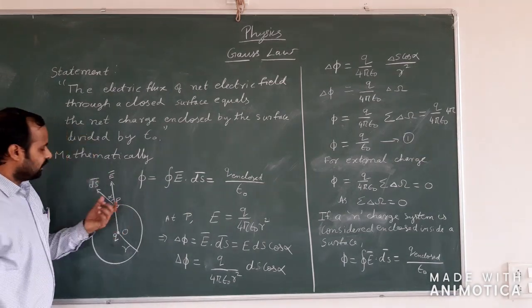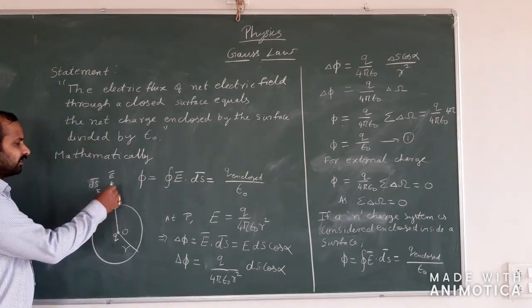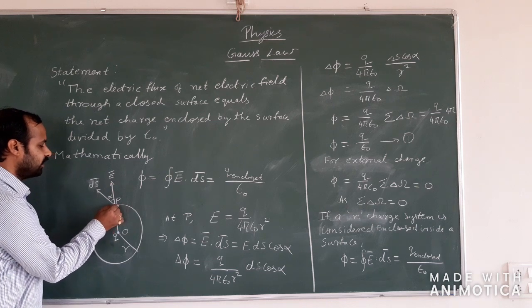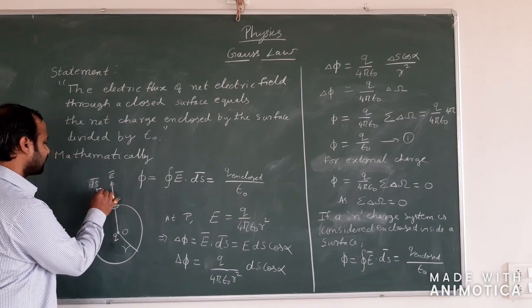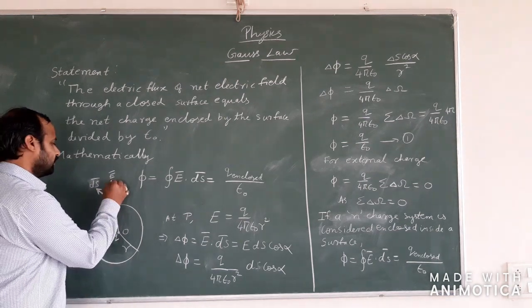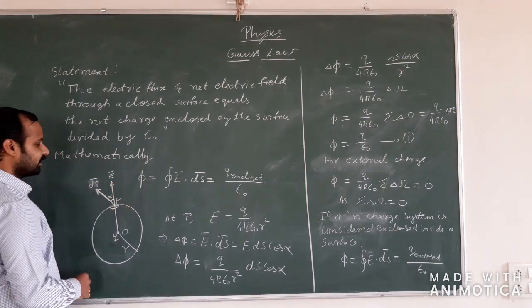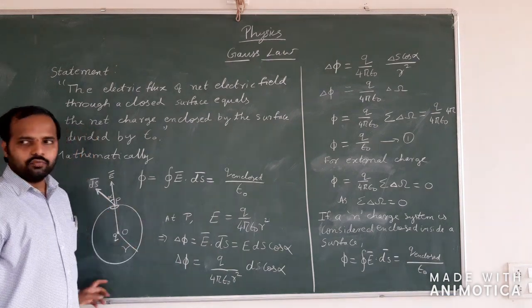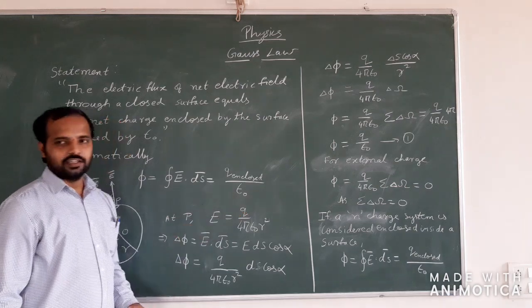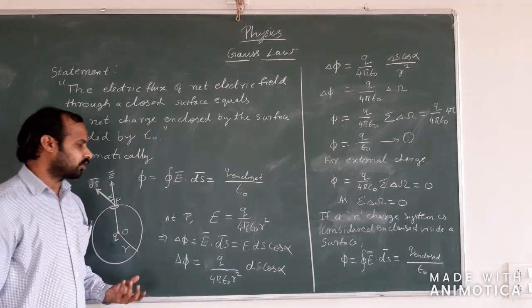The area vector is ds bar, and the angle between E bar and ds bar is alpha at point P. Now let us see how we can derive this relation using Coulomb's law.